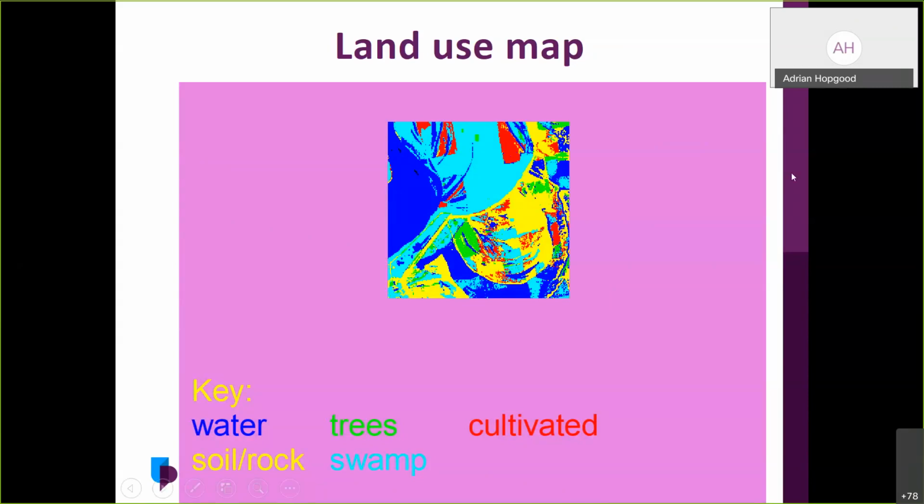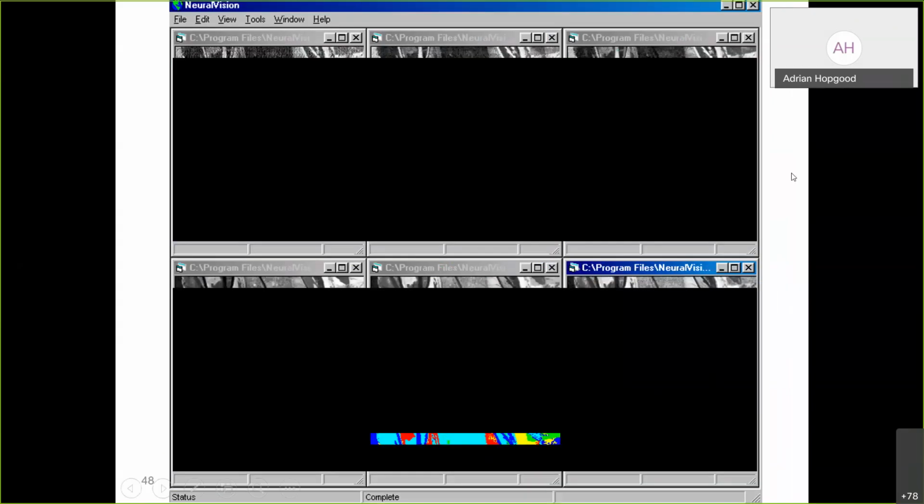And what I'm going to do is train a neural network to learn to classify land use based on the images. So to test my neural network, I'm not going to show it the whole image.